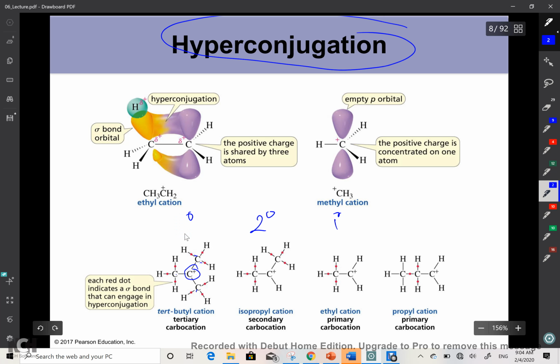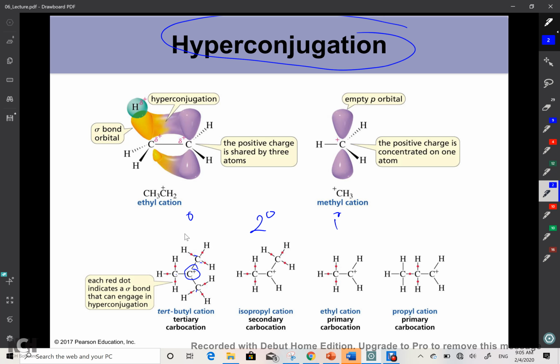Hyperconjugation and resonance both have to do with electron movement. What you should generalize is that the more you can cause electrons to move, the more stable that structure will be. Electrons can move through hyperconjugation in the case of primary, secondary, and tertiary carbocations, or through resonance in the case of benzylic and allylic. Which do you think is a greater contributing factor, hyperconjugation or resonance?